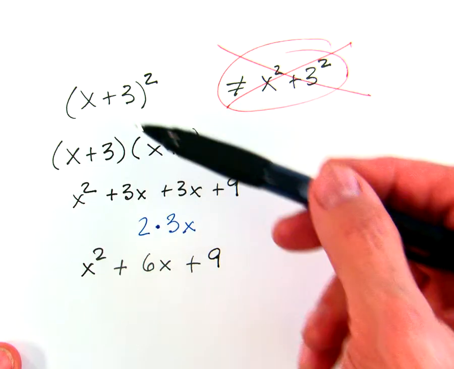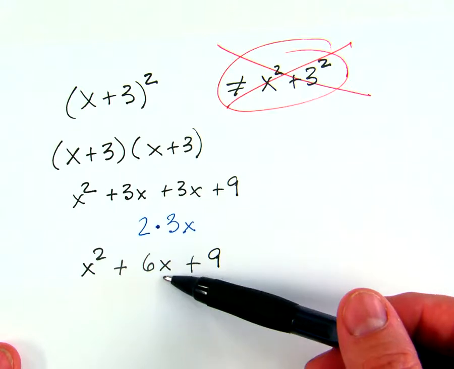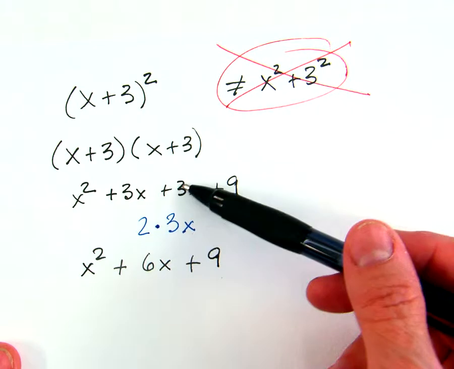The middle term, if all I knew was 6x, and I knew it was a perfect square, then I would know that it came from 2 times the middle term when I multiplied it out, 2 times the individual ones. So to find out that it had been 3x, I can just take half of 6, and I know that it was a 3.